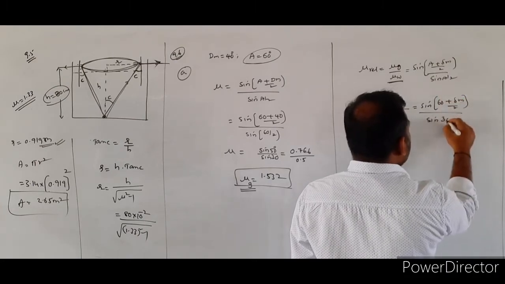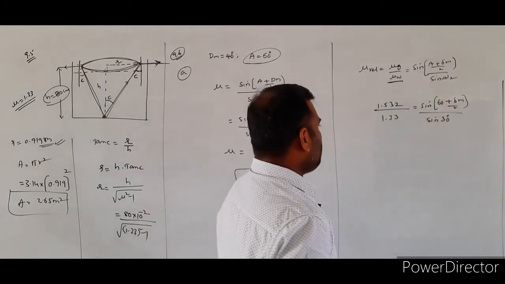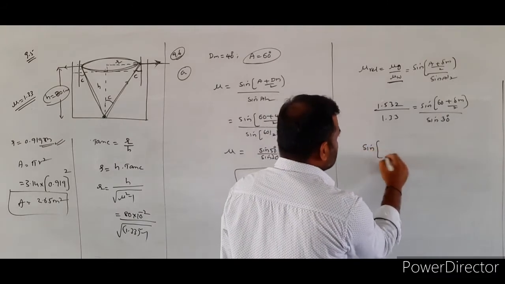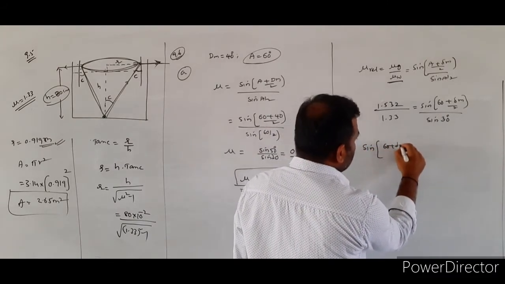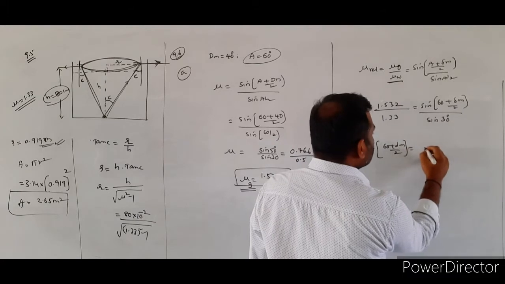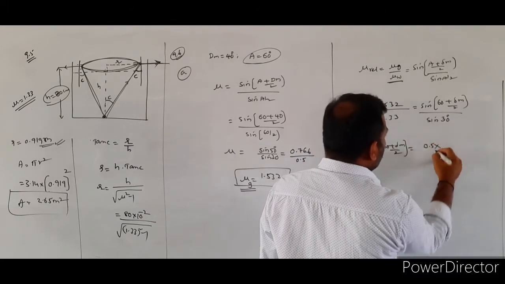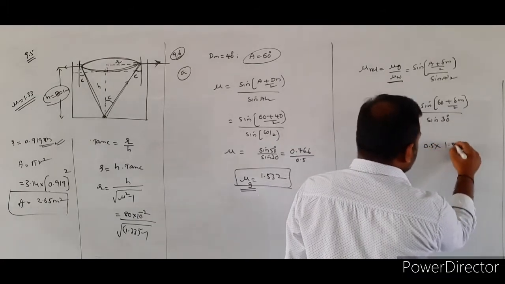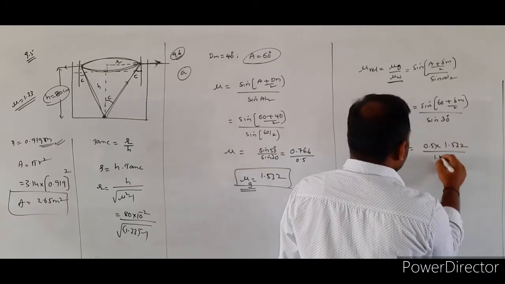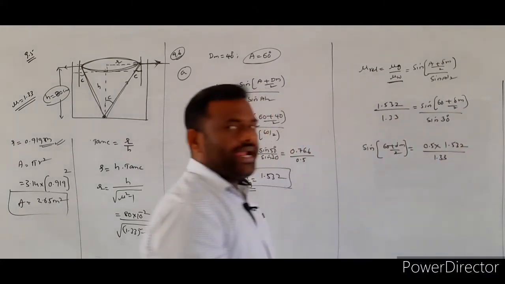Sine A by 2, but directly we will write sine 30. Therefore, sine of (60 plus delta m by 2) is equal to sine 30 means what? 0.5 into 1.532 by 1.33.